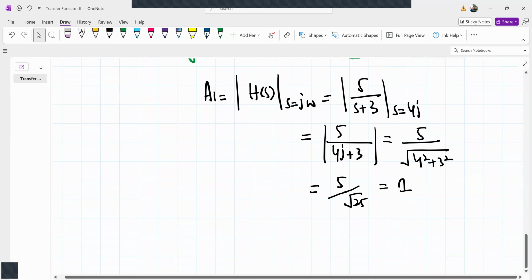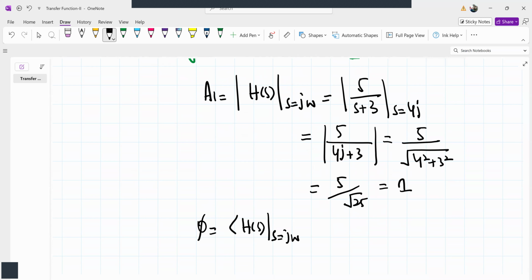Similarly, what is phi? Phi will be angle in h of s when we replace s by j omega. H of s is 5 divided by s plus 3. When we replace s by j omega, omega is 4, so s is 4j.